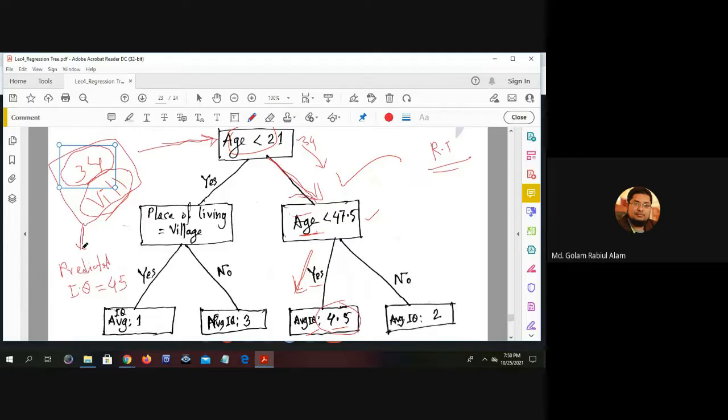So this is how the regression tree predicts the continuous value. That is 4.